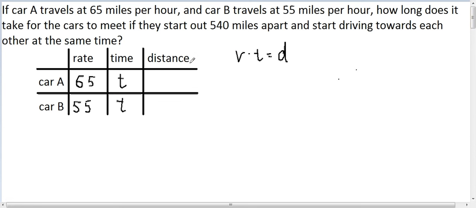To fill in the distance, we use the formula rate times time is equal to distance for both cars. For car A, the distance traveled would be 65t. And for car B, the distance traveled would be 55t.